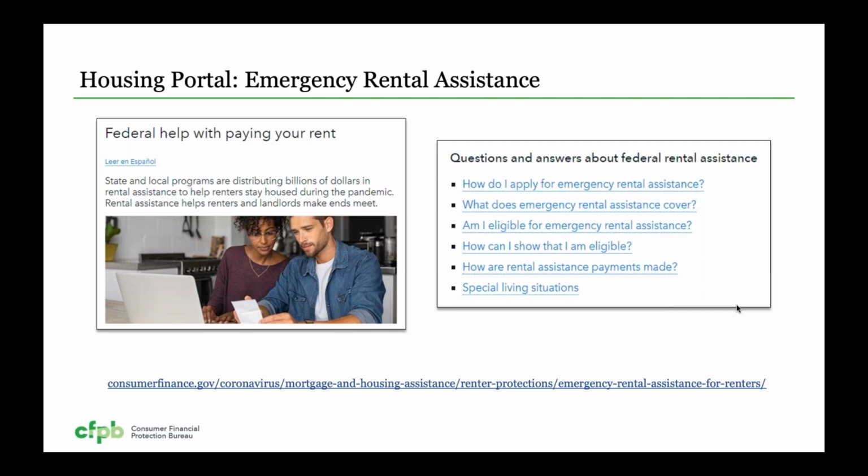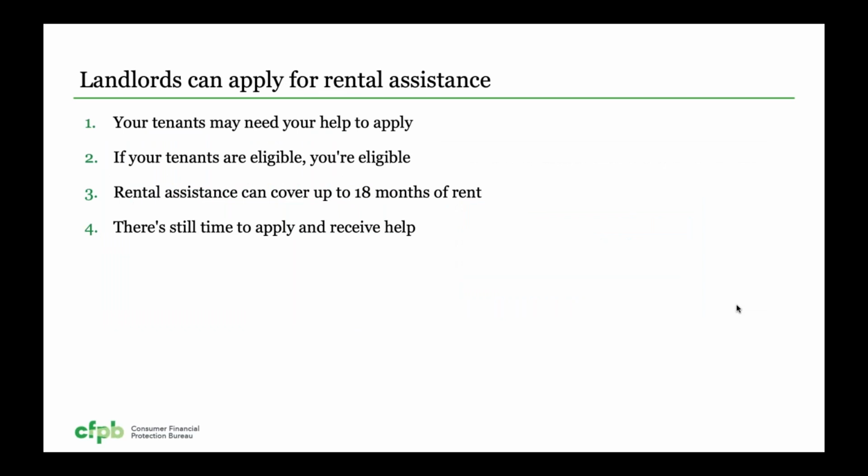For example, if someone is living in manufactured housing or some other situation, they might worry that they aren't eligible for federal rental assistance. We've looked through all of that and are presenting it on our site. If you go to consumerfinance.gov/housing and then go to the renters area, you'll be able to see a lot of this information there.